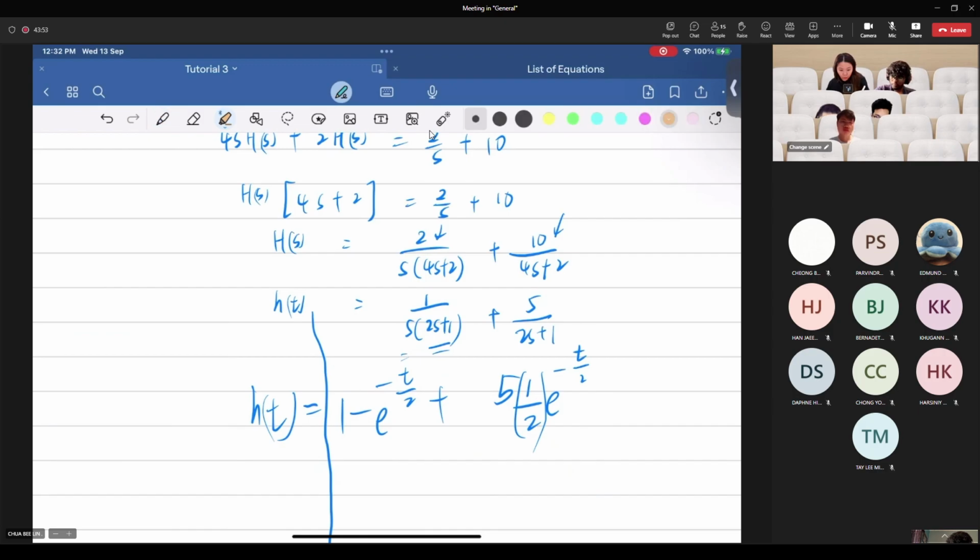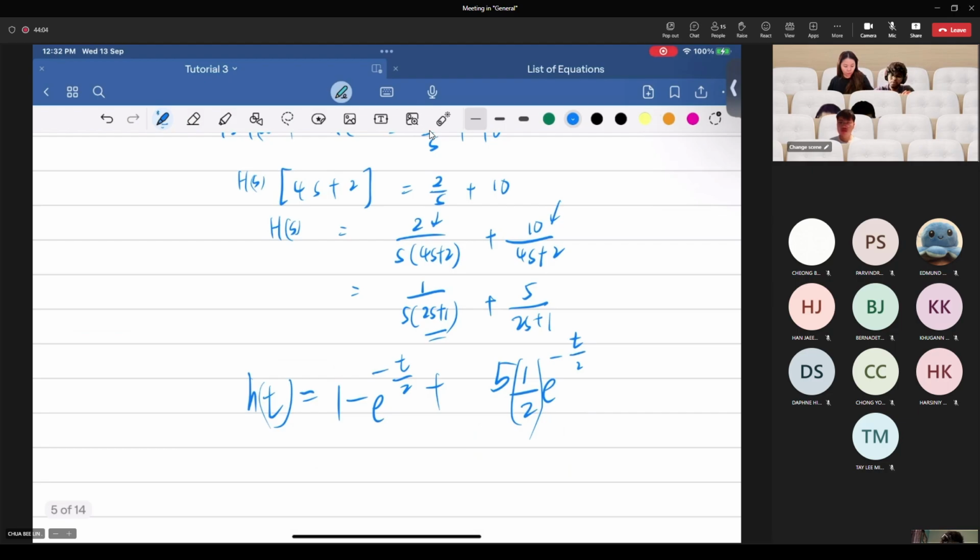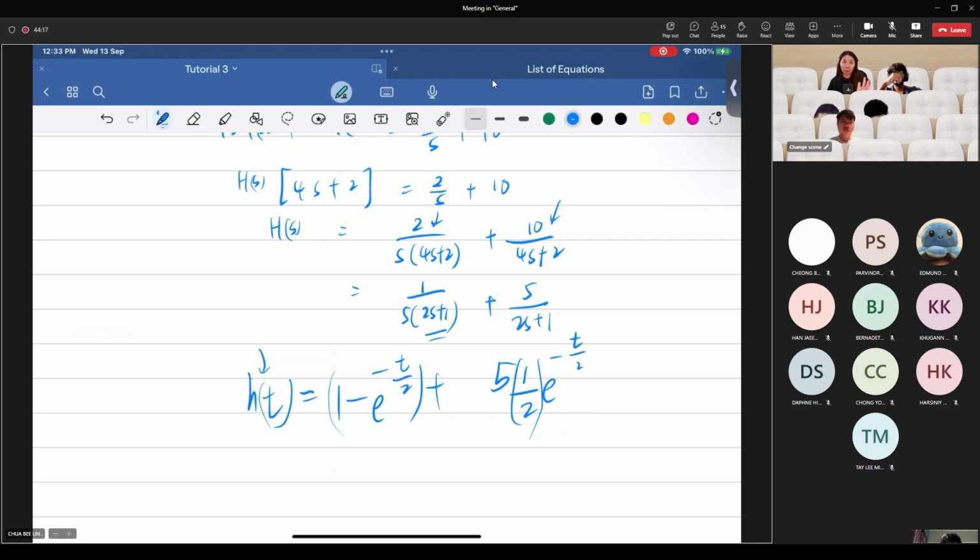So this one cancel first. So this is okay. So this one you should modify as well. The answer is not start from 0.